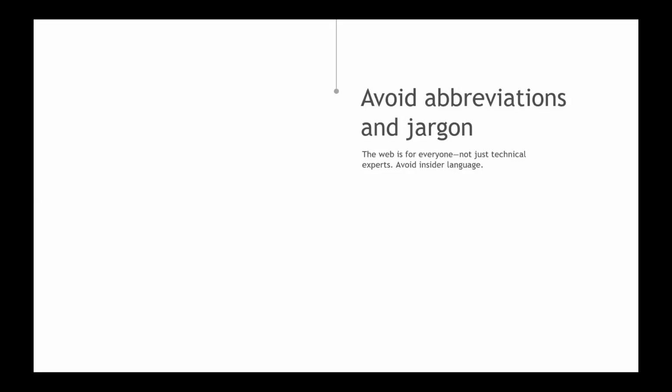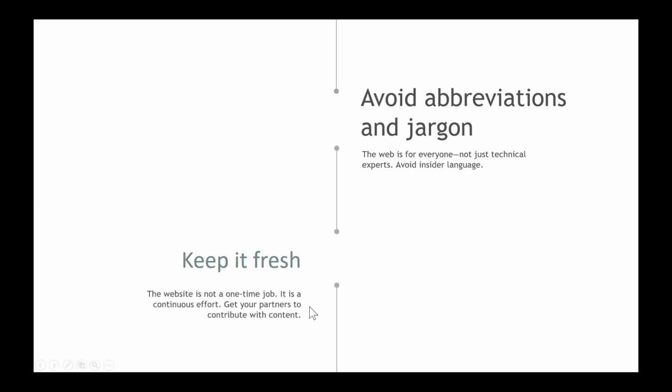But we need to remember that the website is not only for the ones who are in this bubble, but also for the people who are outside. So we need to avoid insider language. And as Katharina already said, keep it fresh. The website always has to be updated, and there always has to be effort to do that.